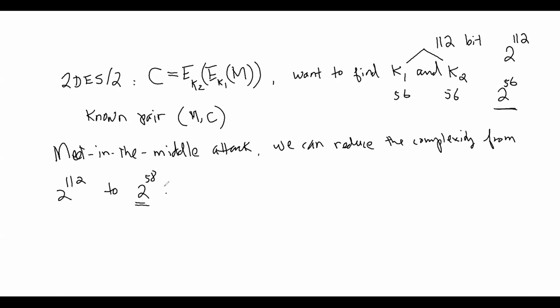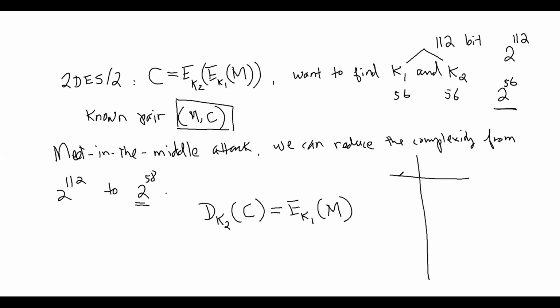Let's say I have a known pair. That means D K2 on C should be equal to E K1 of M. So what I'm going to do in this meet in the middle attack is get all 2 to the 56 keys: K1, K2, up to K 2 to the 56.